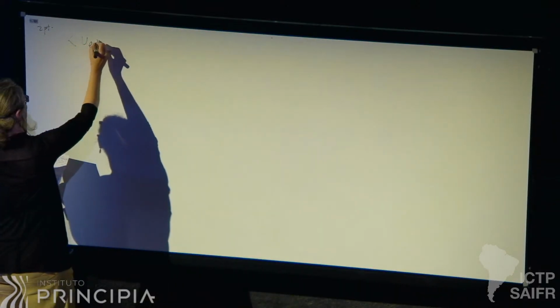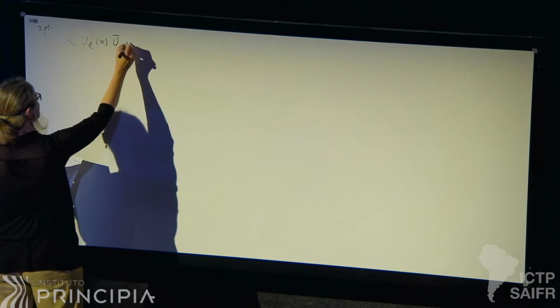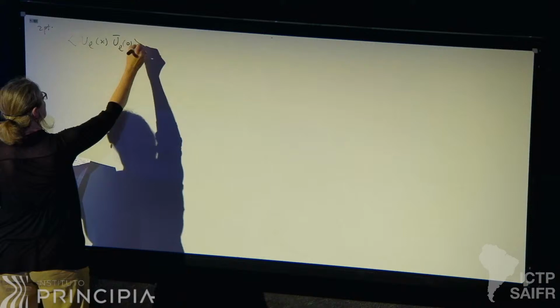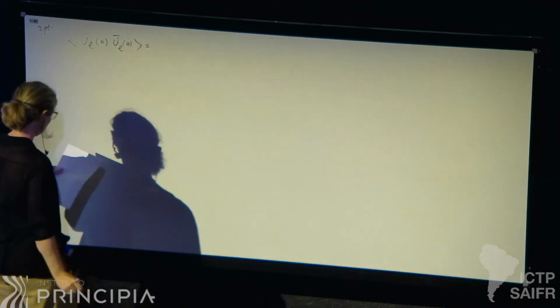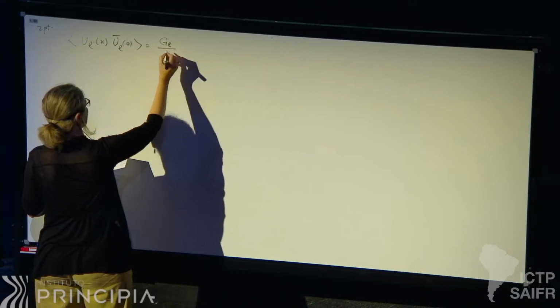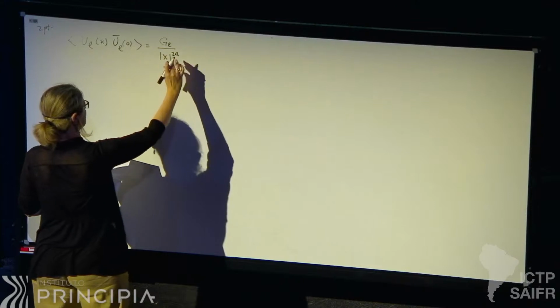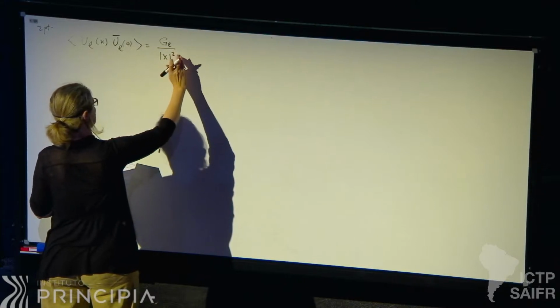So if one computes the two-point functions of the untwisted operators, one obtains a result which, of course, depends on the dimension of the operators.